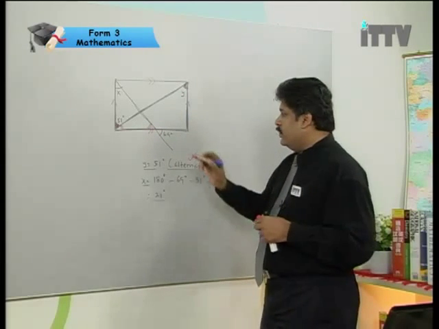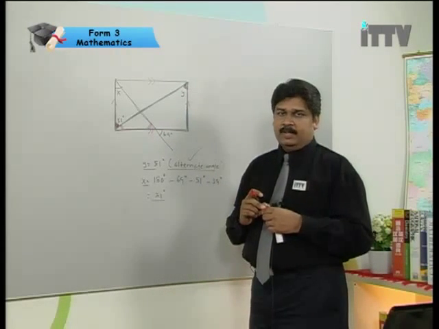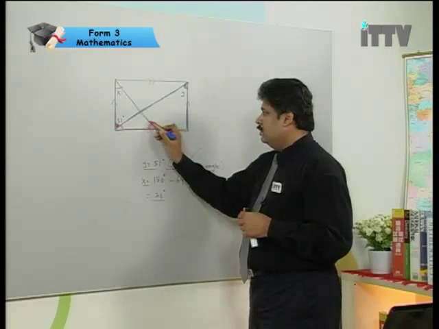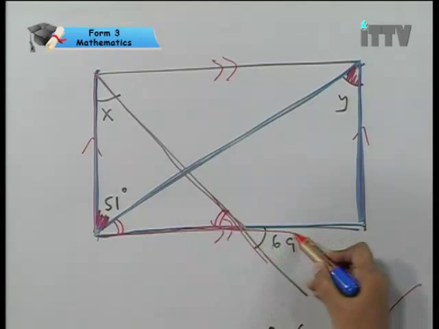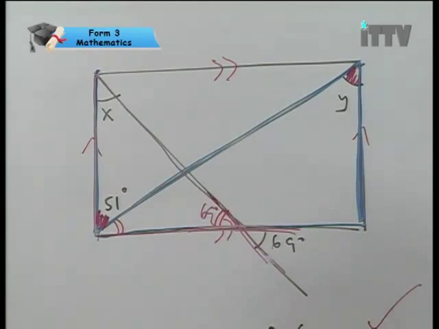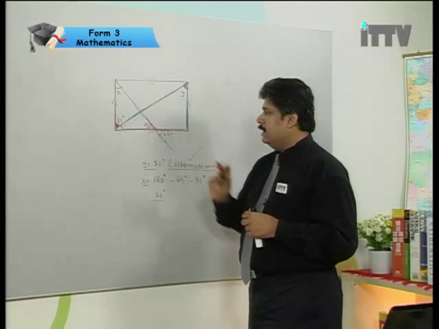If you look closely, we have a 69 out here. How is 69 related to this angle here? Well, you are right. This is a vertically opposite angle. So therefore, 69 is vertically opposite to this angle here. So we have a 69 here. What about the angle here?